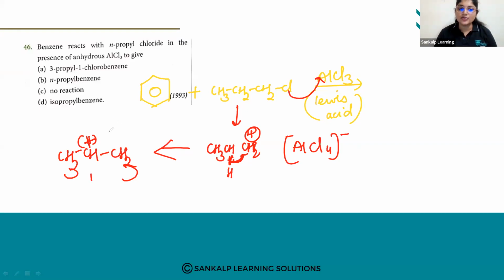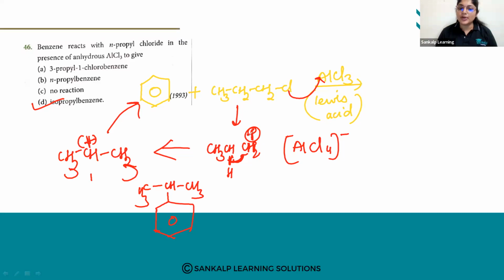Now this will attack the benzene. And what will form? It will form CH(CH3)2 on benzene, which is called isopropyl benzene. Option D, isopropyl benzene. Understood? Benzene with n-propyl chloride in the presence of a Lewis acid: the Lewis acid is an electron deficient compound, so it will abstract the chloride, forming AlCl4 minus.